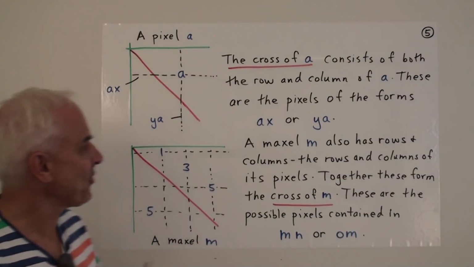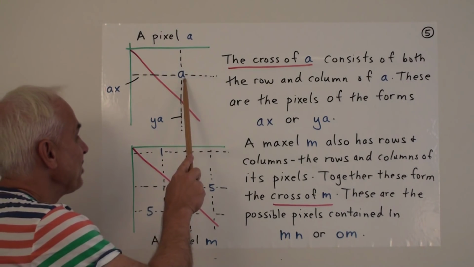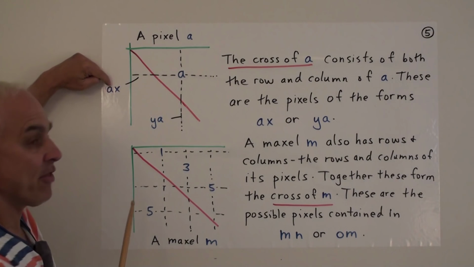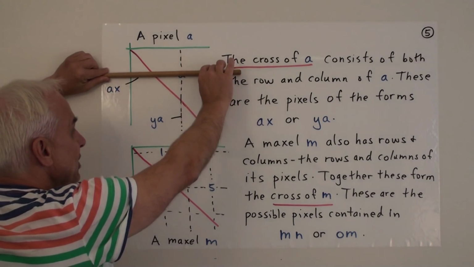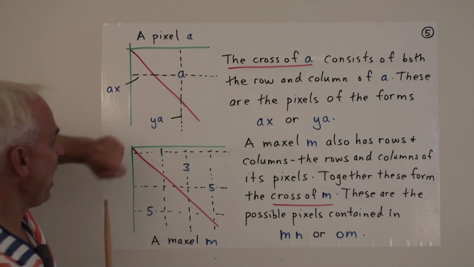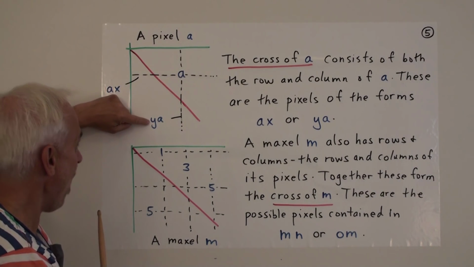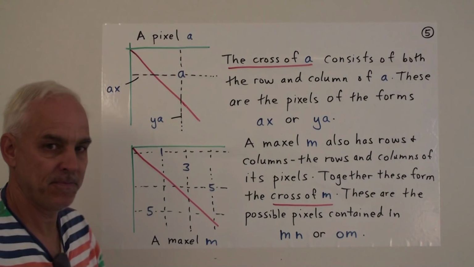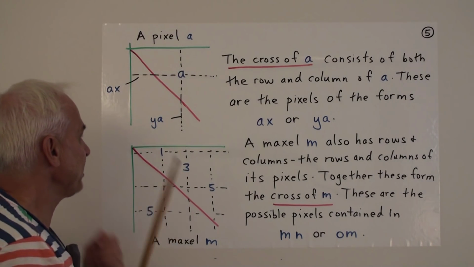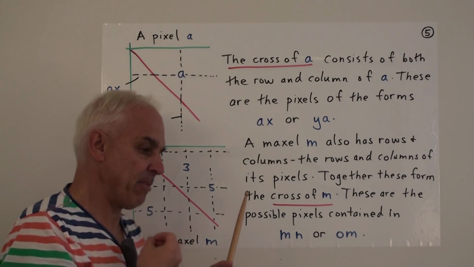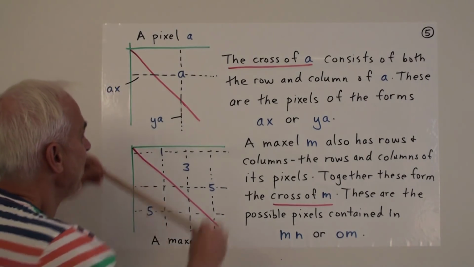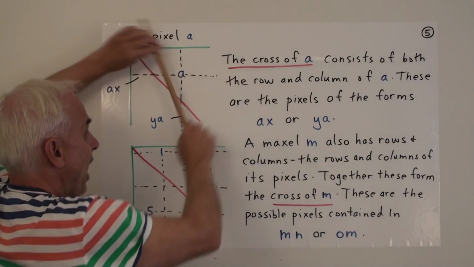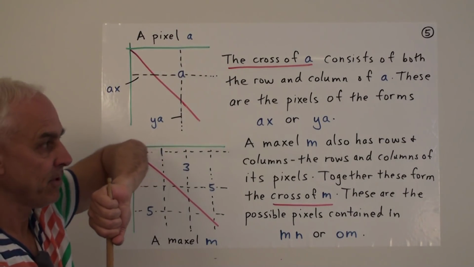So to summarize, if we have a pixel A, then if we multiply it by X on the right, we're going to end up with a pixel somewhere on the row of A. And if we multiply it by a pixel Y, then we'll end up with something that's on the column of A. So the possible products that we can get by multiplying a pixel by A lies on this cross, consisting of the row and the column of A. So let's give that a name.